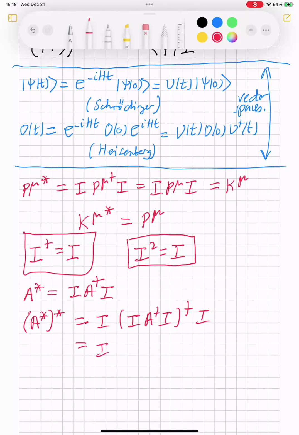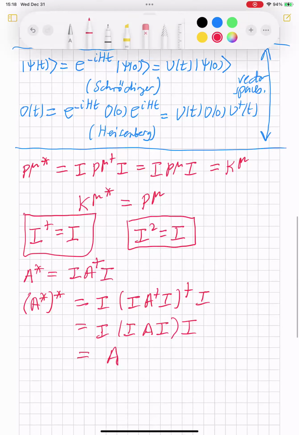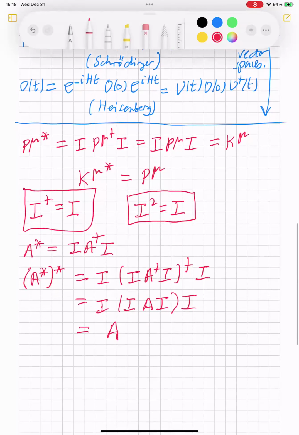So the factor that's last, which is an I, becomes first and it gets daggered, but I dagger is I. Then the A gets daggered, that's an A. And then the first factor, the I, that becomes last and it's daggered, but I dagger is just I. Then it's multiplied by I. Well, the I times the I is 1. Then we've got an A, and the I times the I is 1. So we've learned that on the plane, if we dagger, A dagger dagger is equal to A.